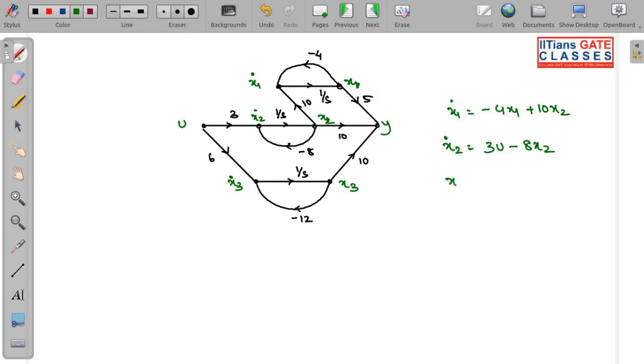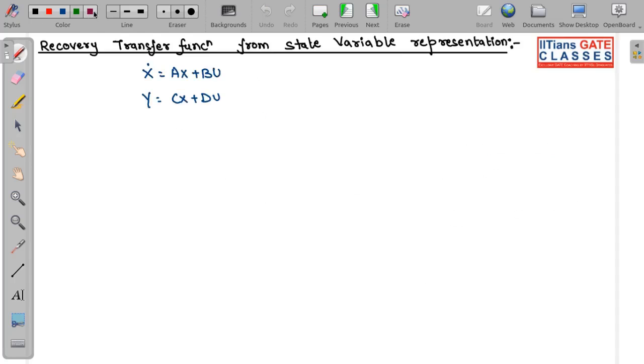For x3 dot we have 6u minus 12x3. And y is equal to 5x1 plus 10x2 plus 10x3. Now if you want to write the state model, you have the state equations and can write it, so I am not doing it anymore.